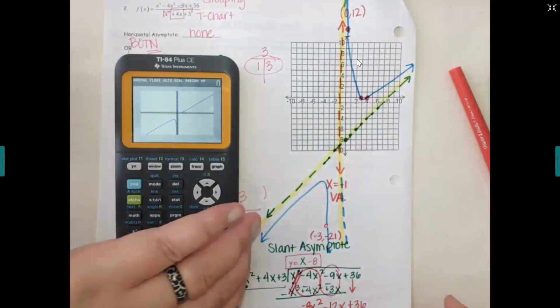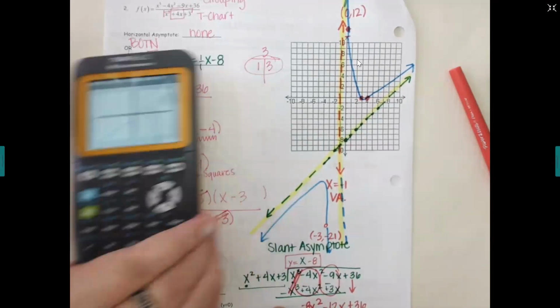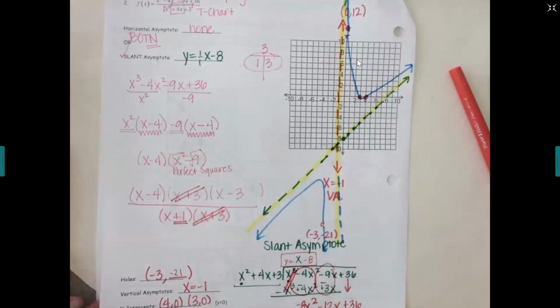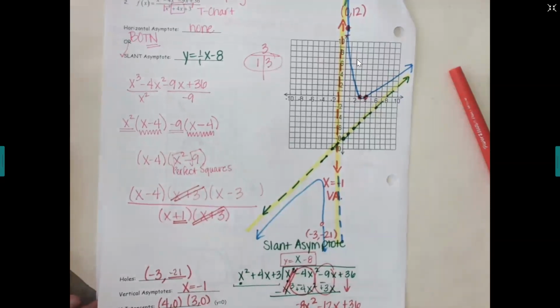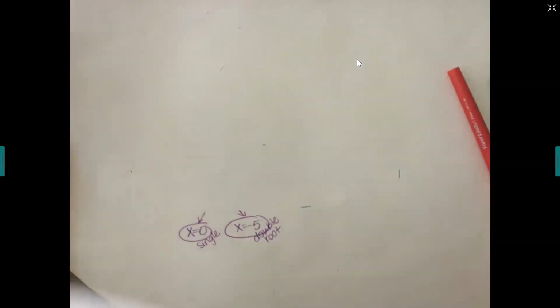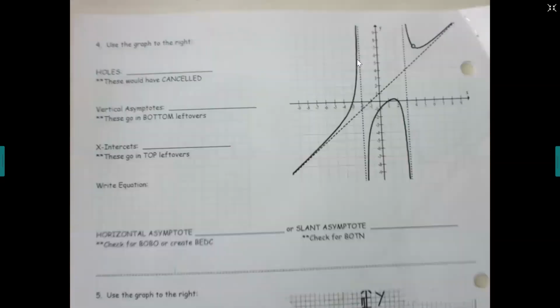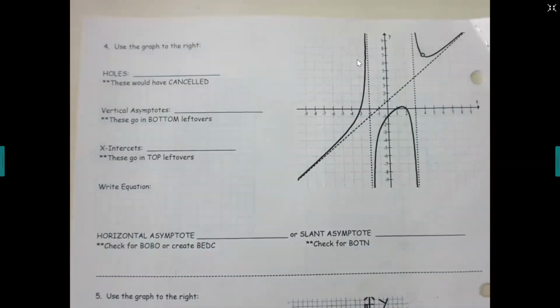All right, so turn for me just to the last page where we're writing the equation, looking at the picture. We're just going to knock out one of those since it's on your test. We're going to do number 4. Can you identify in the picture where the hole is? Very good. It's at 4, 7.